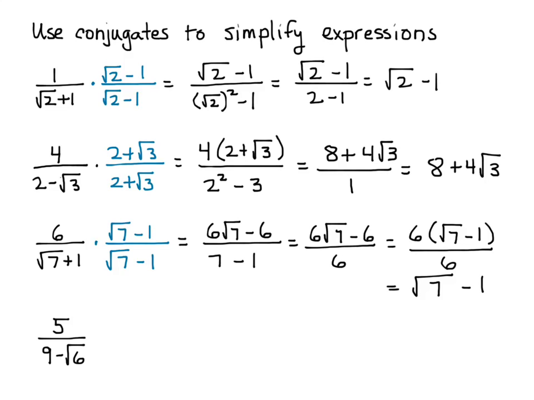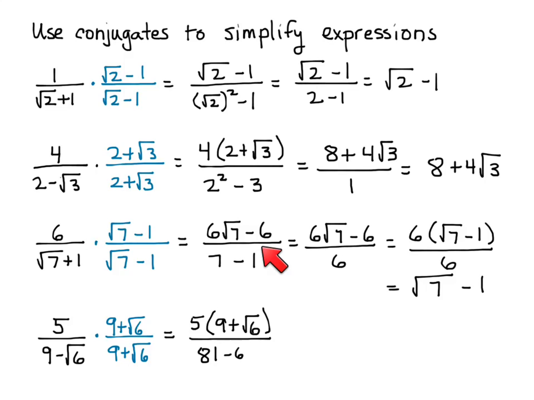Okay, and we'll take one more here. We look at the conjugate here, and that's 9 plus the square root of 6. And so what I'm going to do here is wait. Notice that earlier I multiplied in the 6, and then I factored out the 6 to get that.